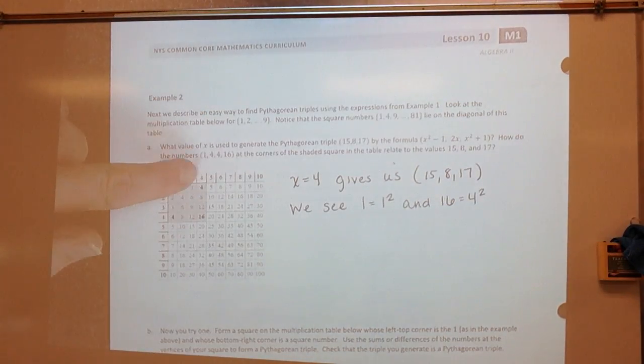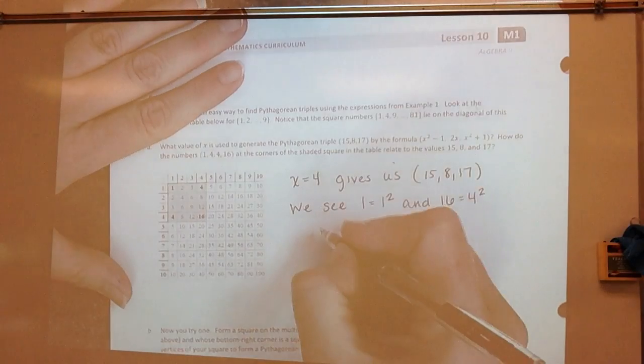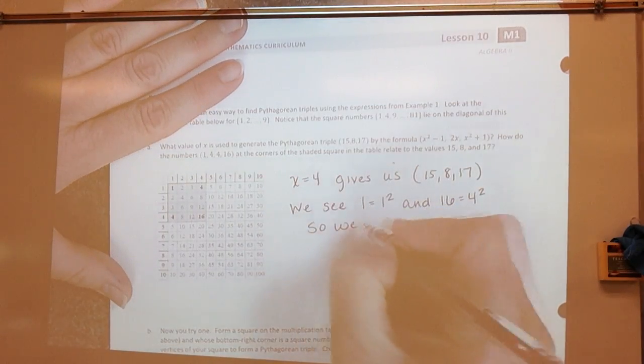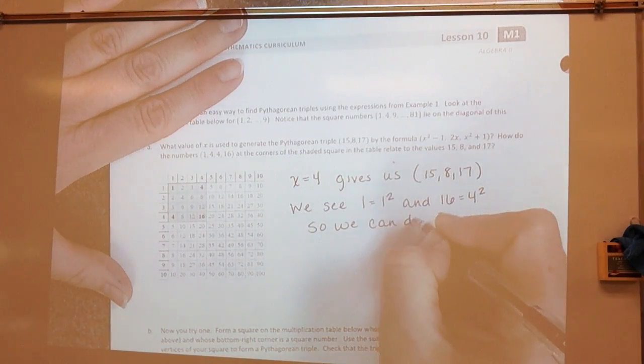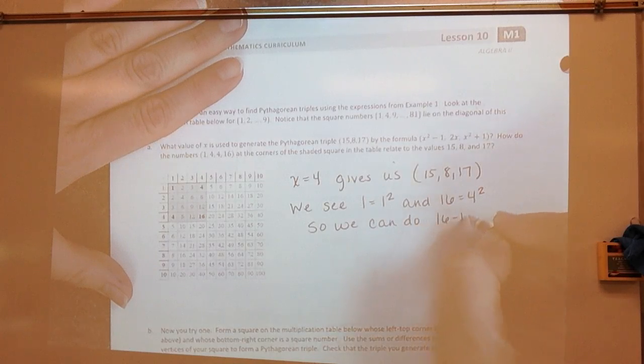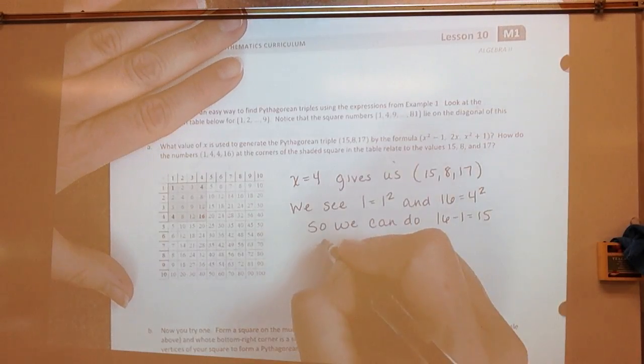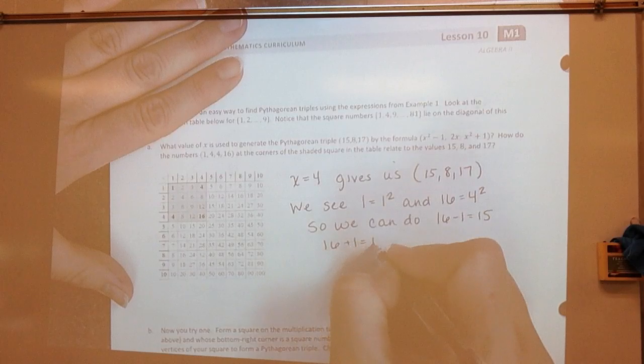So that's where I get my square here. We can do 16 minus 1 is 15. 16 plus 1 is 17.